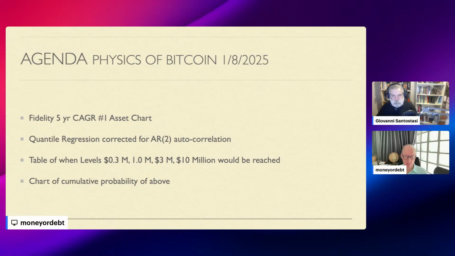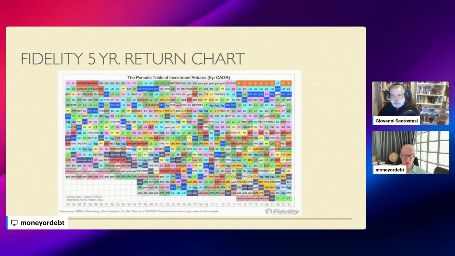And we've seen that the power law has been adhered to for the 16 years that Bitcoin has been existing, 16 years in a week, we're happy to say. But just to give you some other broad context that comes from a little bit different spot, I wanted to show you this Fidelity chart that just popped up yesterday.